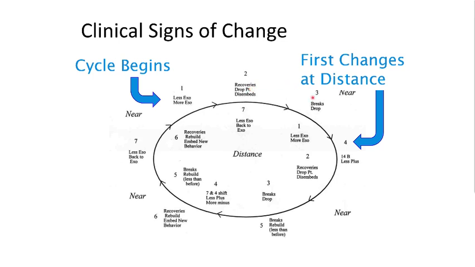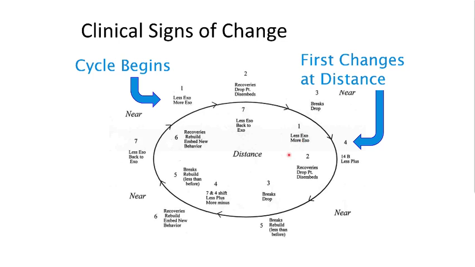And generally, around the time the breaks are dropping at near, we begin to see the first step in the changes at distance. And here, the half EXO at distance, on our 3 or our 8 finding, the distance phoria through the habitual, or the distance finding through plano, or through no lens at all, through their habitual, if that's the way they came in, that half EXO drops and again shifts into ESO.